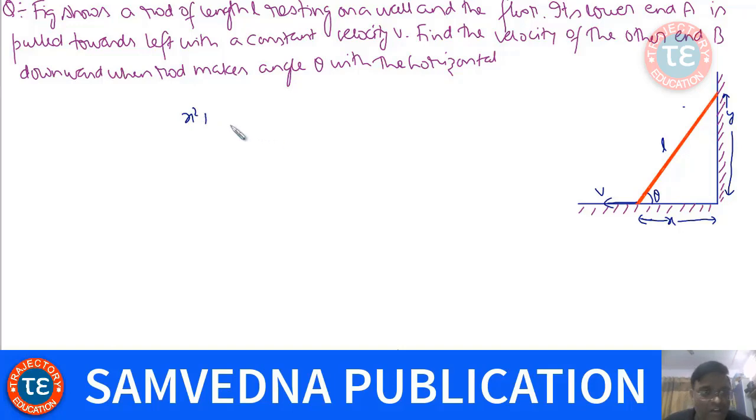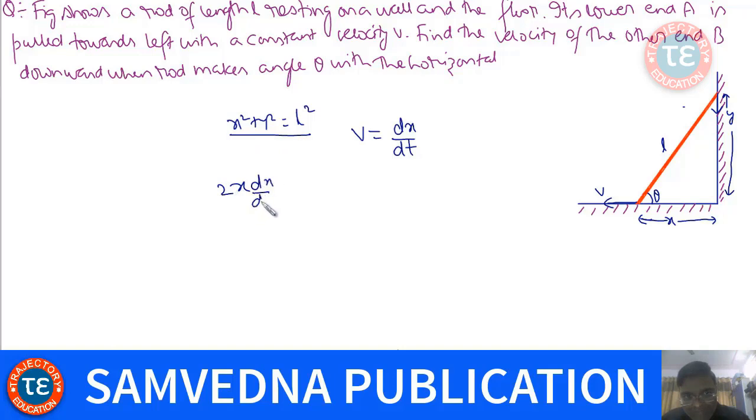So we have a constraint over here, that is x square plus y square is L square, and we have here V is dx by dt, right? And we are interested in finding dy by dt. Basically we want to find this velocity, right? So if I differentiate it, this will be 2x dx by dt plus 2y dy by dt is 0, and dx by dt is what?